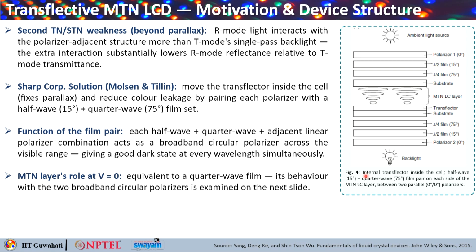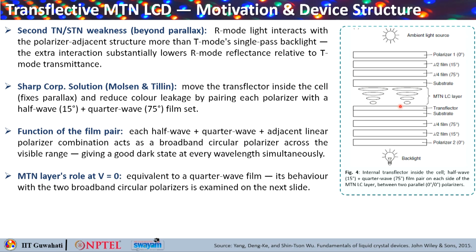So what is the role of this film pair that we are seeing? Each half-wave and quarter-wave plus the adjacent linear polarizer combination acts as a broadband circular polarizer across the visible range. So it can give you a good dark state at every wavelength simultaneously.